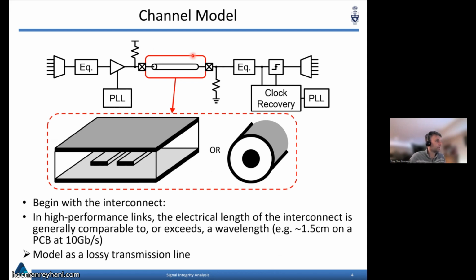In high performance links, the electrical length of the interconnect is generally comparable to or even exceeding a wavelength at our frequencies of interest.